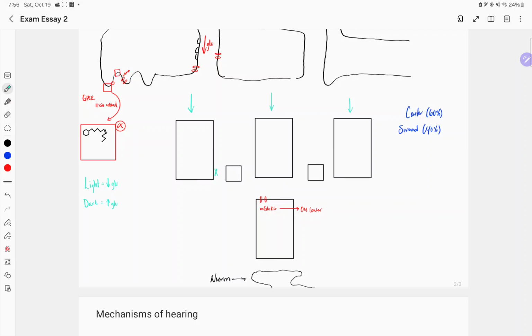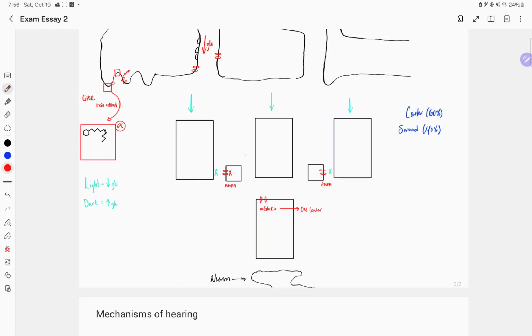So we have less glutamate coming out of these, then that means that the AMPA channels here on these horizontal cells are, that one looks like it's mutated. Okay. AMPA. So less glutamate coming means that this AMPA channel is closed.